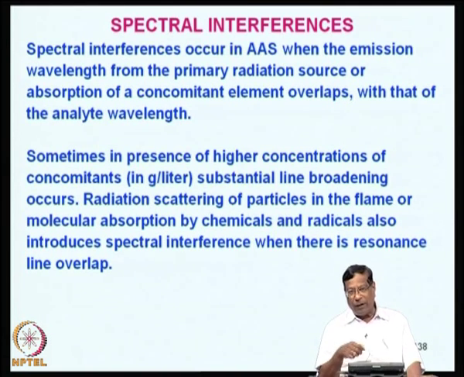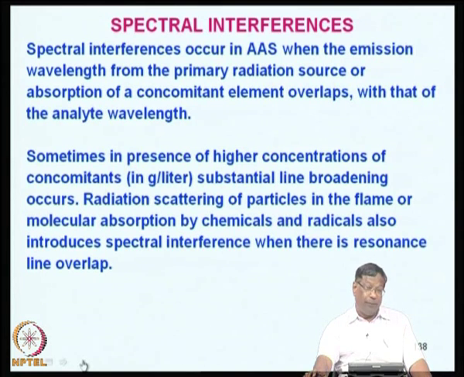So, part of the molecular absorbance usually gets measured along with the spectral line. Such interferences are possible, because you cannot isolate only the spectral line from the analyte element from the other matrix elements.